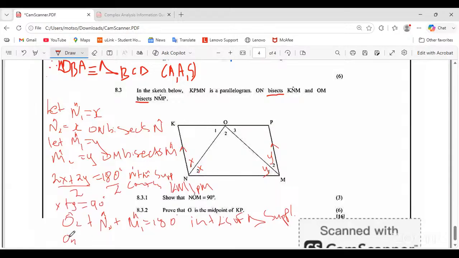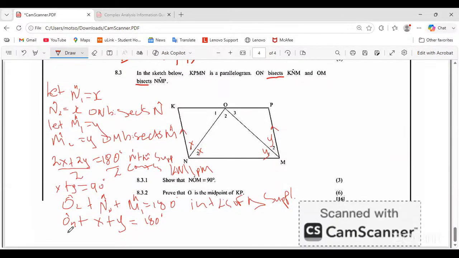Now, what is O2? O2 is unknown, it is the one that we are looking for. What is N2? N2 is X. What is M1? It is Y, is equal to 180 degrees. Now, O2 plus, what is X plus Y? We said here X plus Y is equal to 90 degrees.